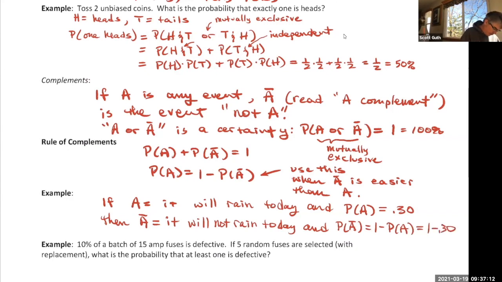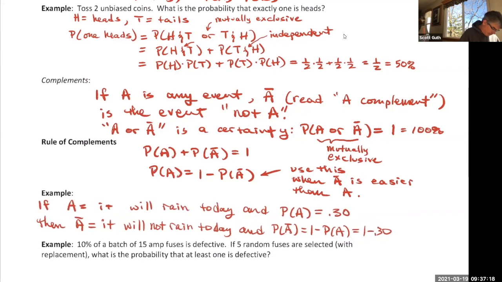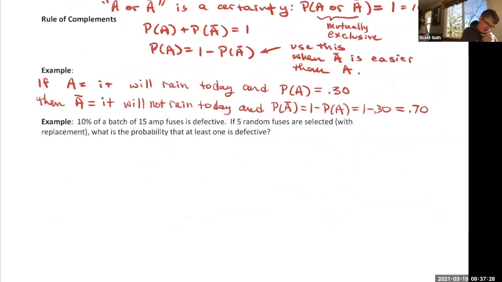I'm going to make a little more space there. Okay, so that's a super easy example, but just to help you see that this rule of complements is absolutely common sense.